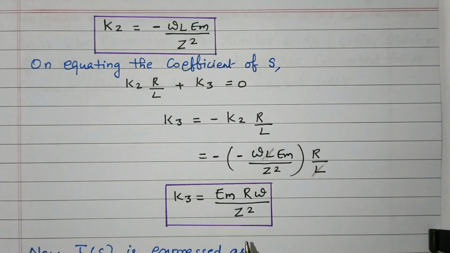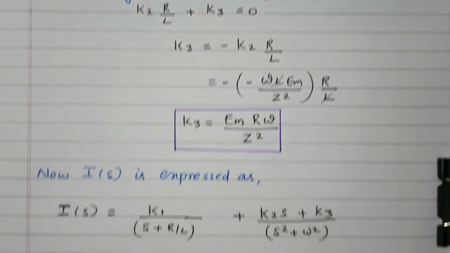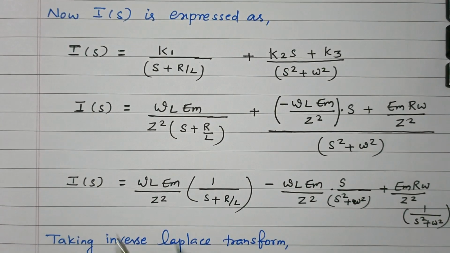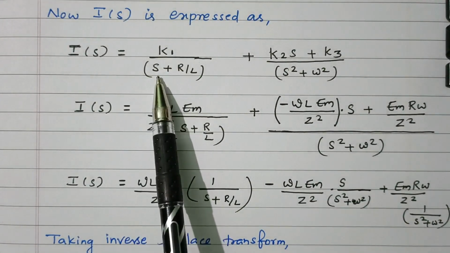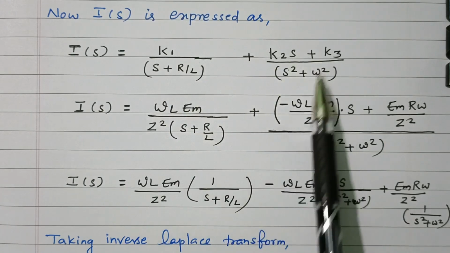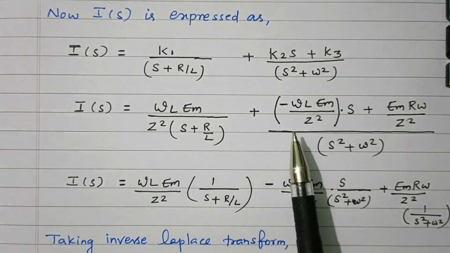Now we got the values of k1, k2 as well as k3. So that can be substituted in the previous equation, then we can go for the inverse Laplace. Now we'll refer to the original equation. This is the equation I of s: k1 divided by s plus r by L, plus k2 s plus k3, divided by s square plus omega square.